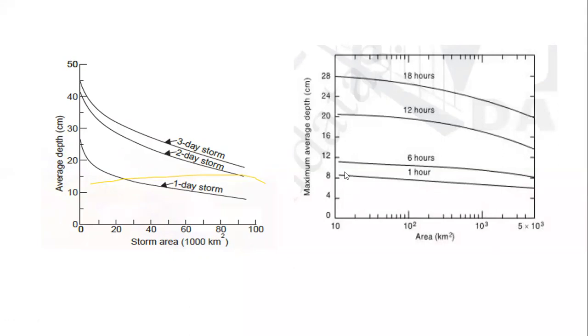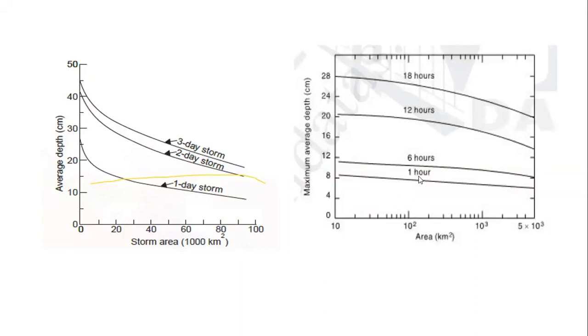So as we are finding here also, for about 8 centimeters maximum depth, that storm which has occurred for 1 hour only, its aerial extent you will go for, if we are finding that it is for 1 hour duration, its maximum precipitation is so less.